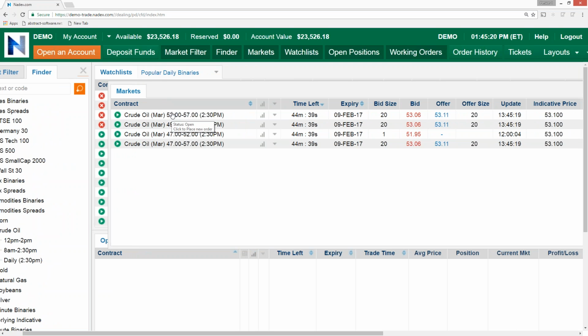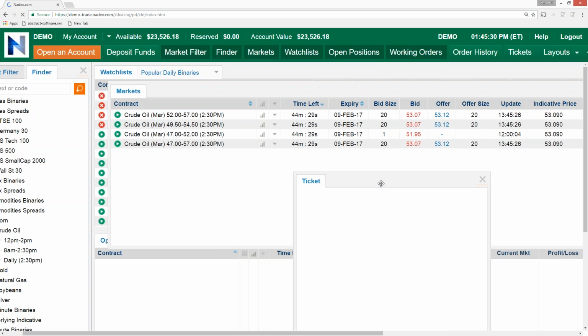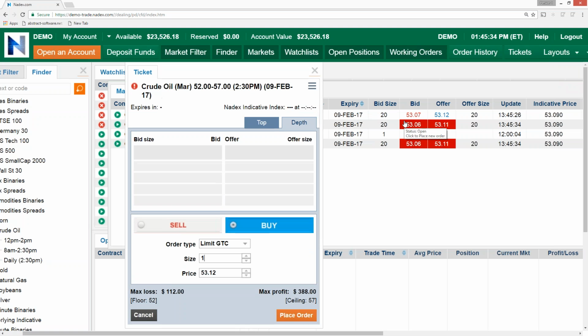Okay, so with that being said, what do we have here? This is a really interesting looking spread, in my opinion. We have the 52.57 spread for the expiry today. Remember, market's at 53.09, and where is the spread? What's the bid offer spread? 5 ticks, right? So being 5 ticks, I know that the spread is $5 wide.